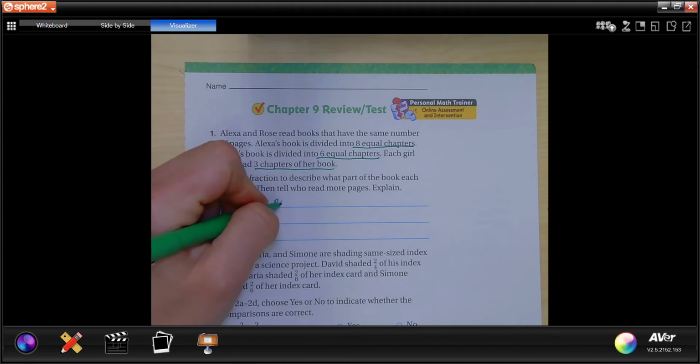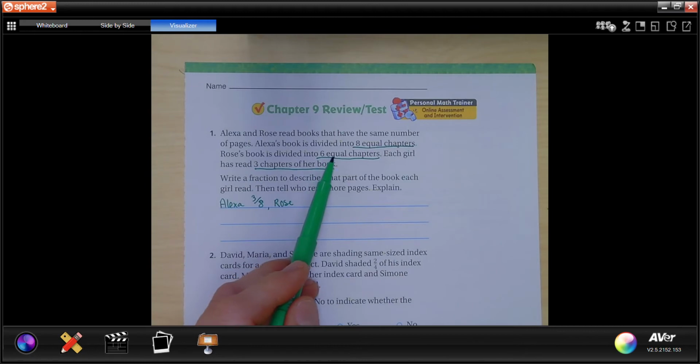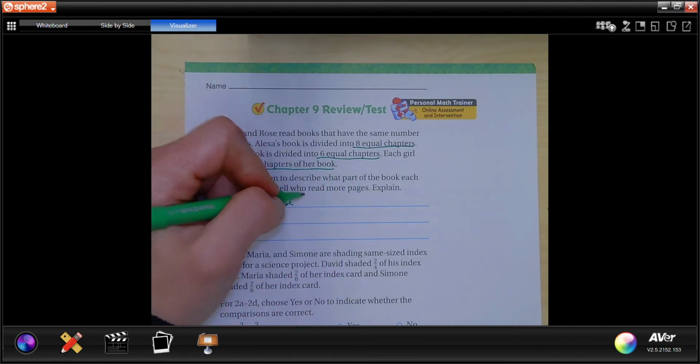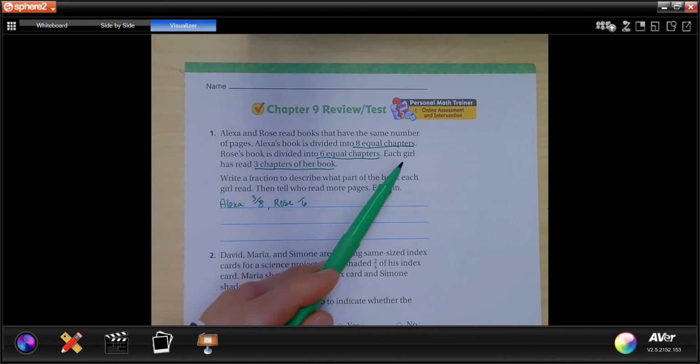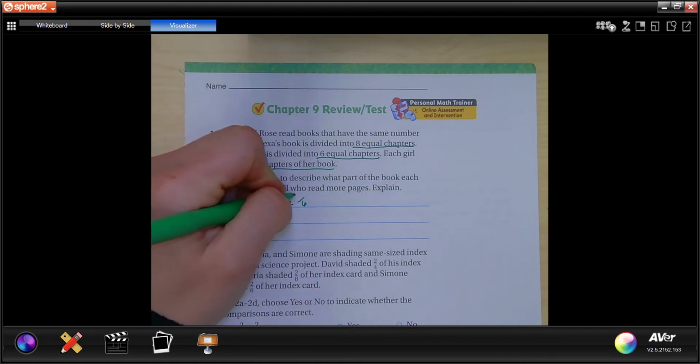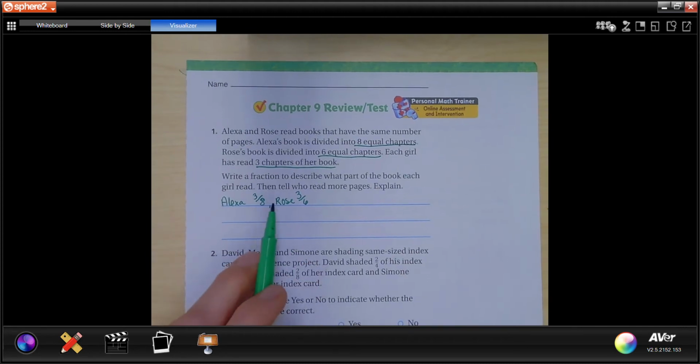Rose, her whole book is divided into 6 equal chapters. So her denominator is 6. She read 3 chapters. Well, if we look, the denominators are different.